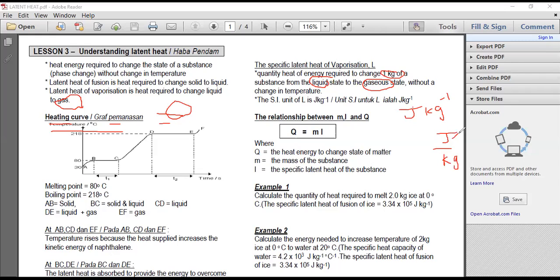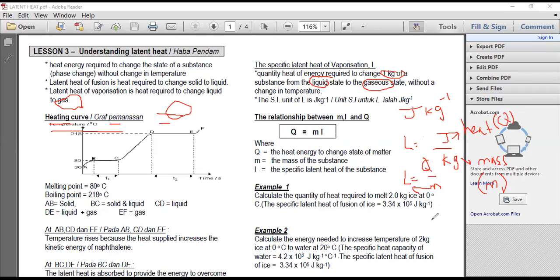Joule is the unit of heat, kg is the unit of mass. Mass is represented by m, heat is represented by Q. So this is the unit of L. From there you can get L equals Q over m.